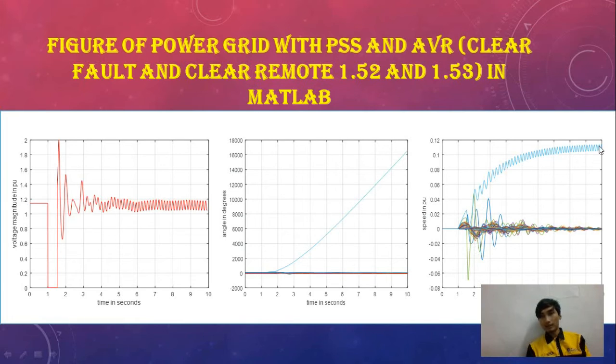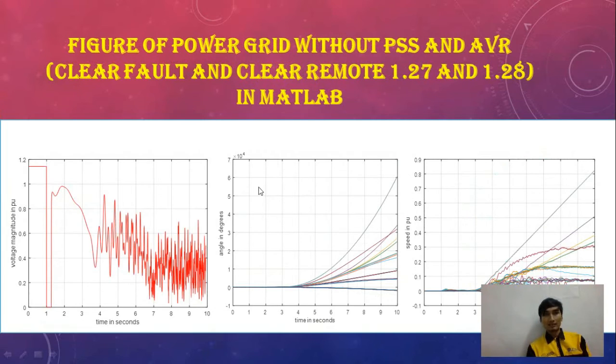So we can see here only one generator operating at higher speed, and all the other generators maintain the system.